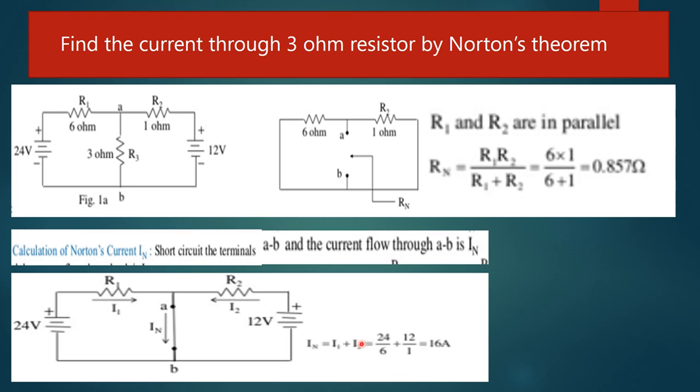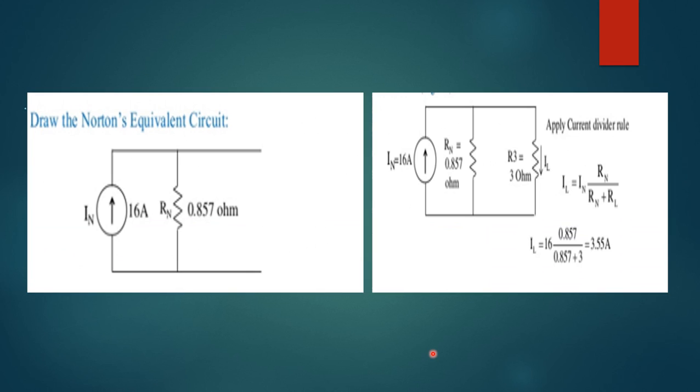By using the superposition principle, we find that IN is equal to 24 by 6 plus 12 by 1, which is equal to 16 ampere. Our Norton's equivalent circuit is this. Here IN is equal to 16 ampere and Rn is equal to 0.857.